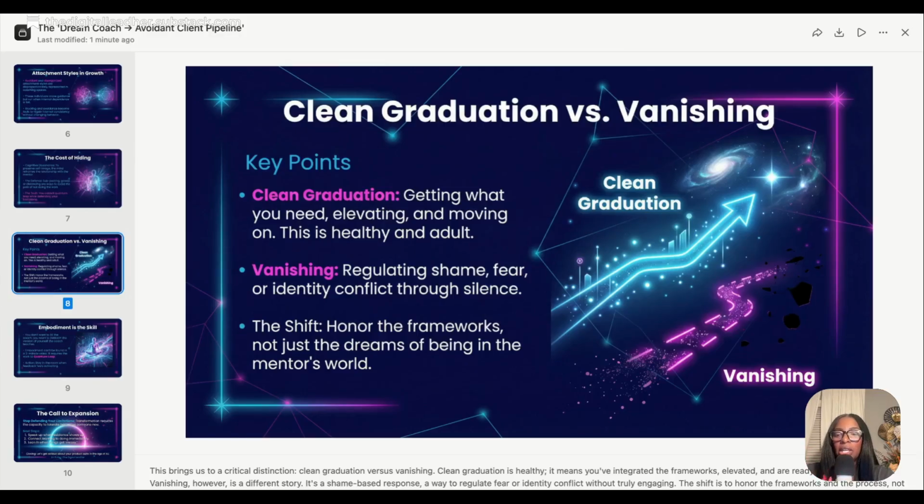I'm talking about a clean close where you are dismissed from a program because you fulfilled the obligations of that program, and you did that as an adult. It was a healthy, clean close, offboarding, as we call it. Vanishing is regulating shame, fear, or identity conflict through silence.